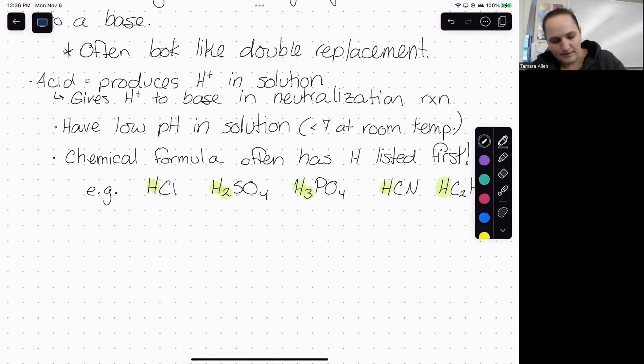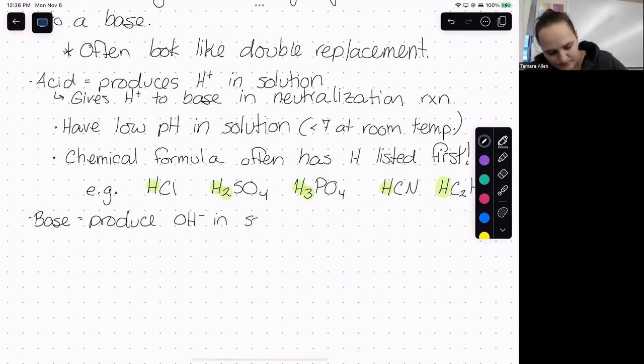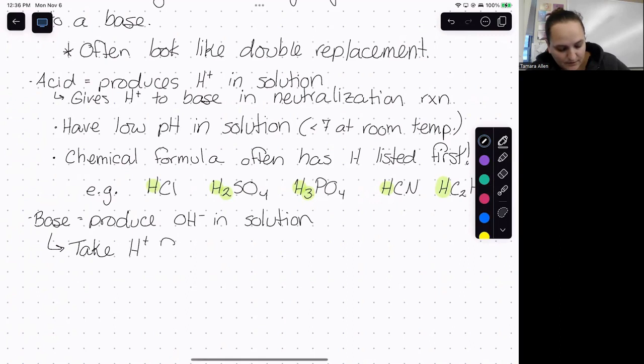So bases, on the other hand, are things that produce hydroxide in solution. And they take the hydrogen ion from an acid in a neutralization reaction.